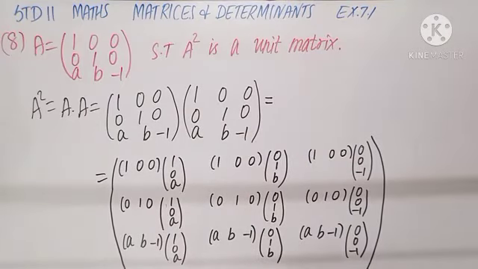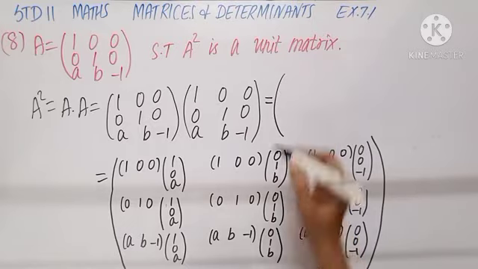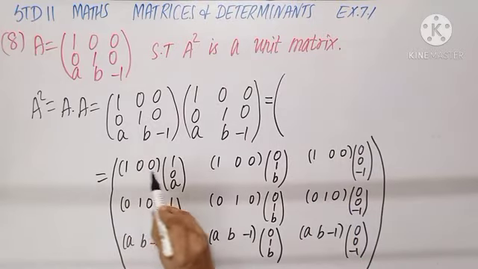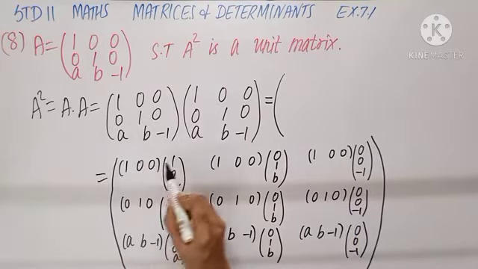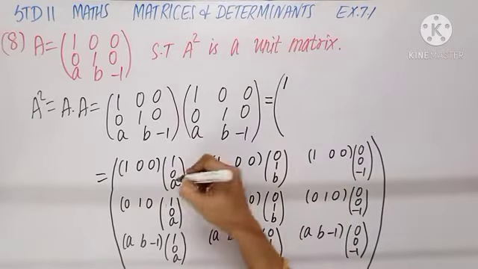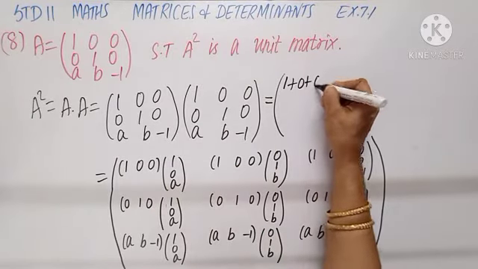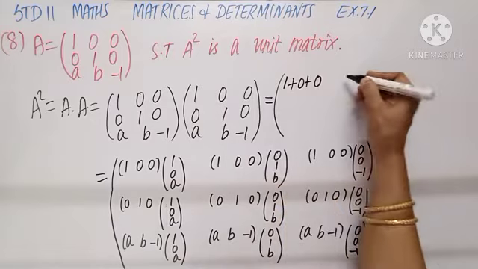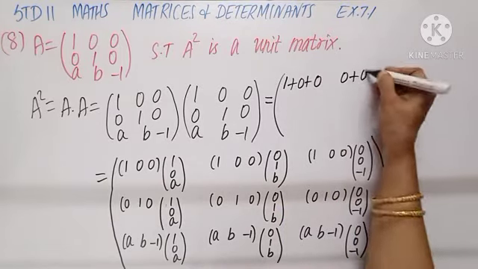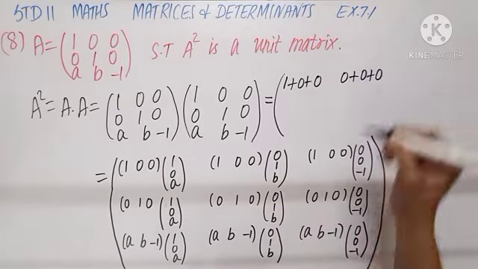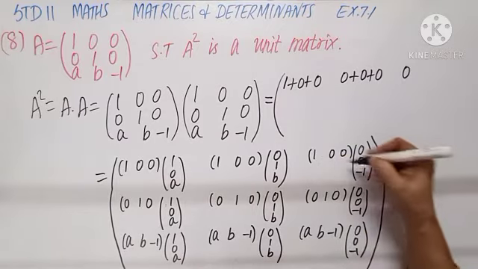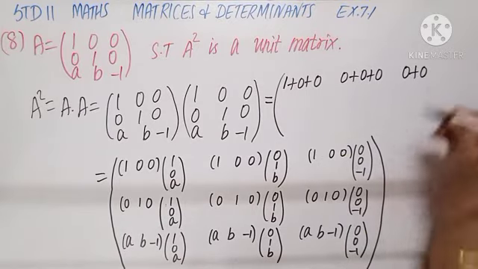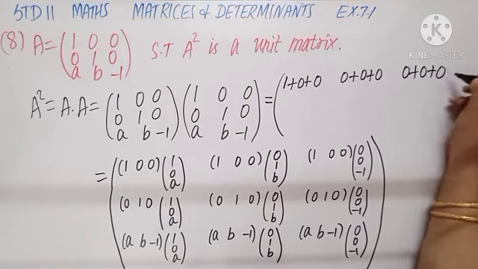In the beginning, one problem we can list out like this, but it is good that you know to write directly. As I multiply, first and first, second and second, third and third. 1 into 1, 1. 0 into 0, 0 into A. 1 into 0, 0 into 1, 0 into B. 1 into 0, 0 into 0, 0 into minus 1.